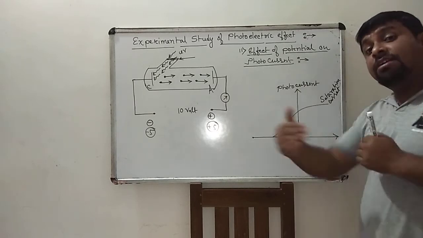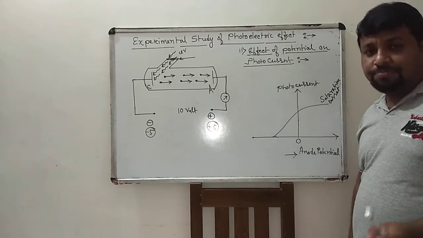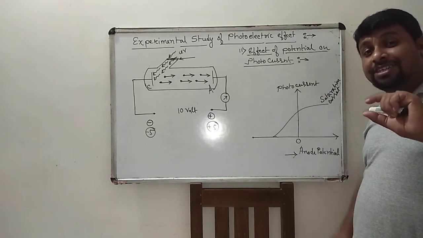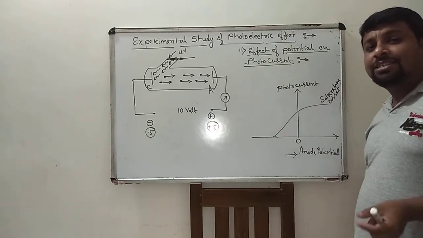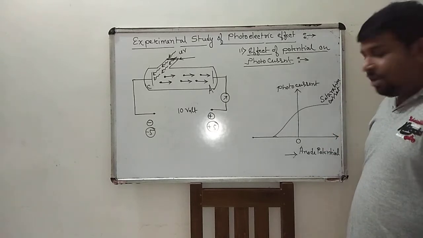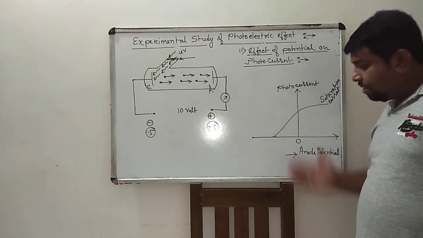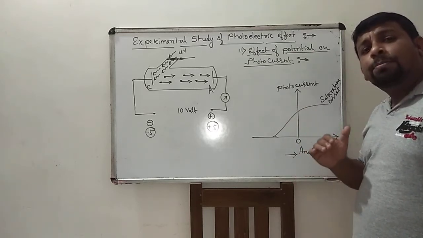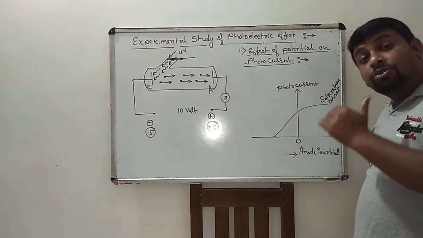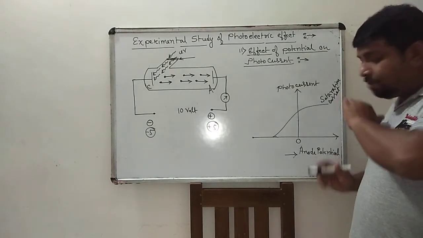After that, by using a commutator, that means a reversing switch, the anode potential is reversed, so it becomes positive to negative. After 0 we get -1, -3, -4, -5. The anode potential gradually decreases and the photo current also gradually decreases.